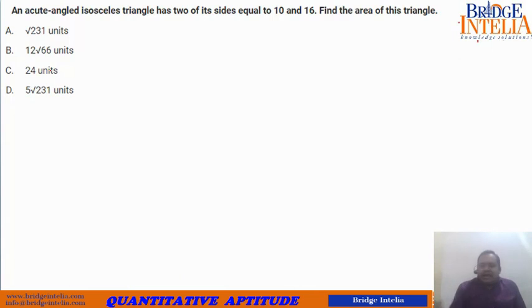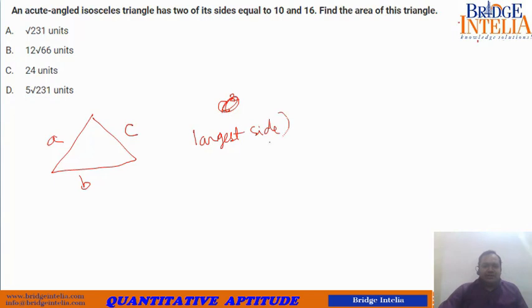So acute angle triangle. See, in a triangle, if three sides are denoted by A, B and C, a triangle is an acute angle triangle when the largest side whole square is less than side 1 square plus side 2 square.